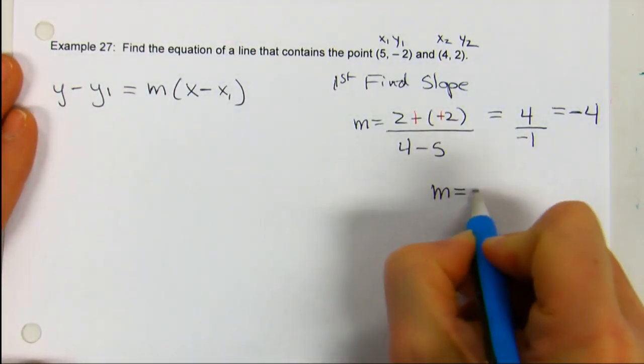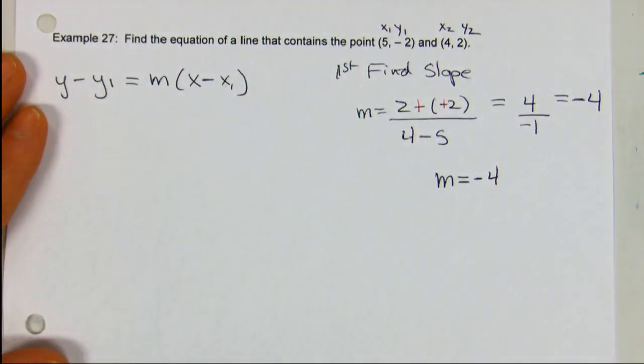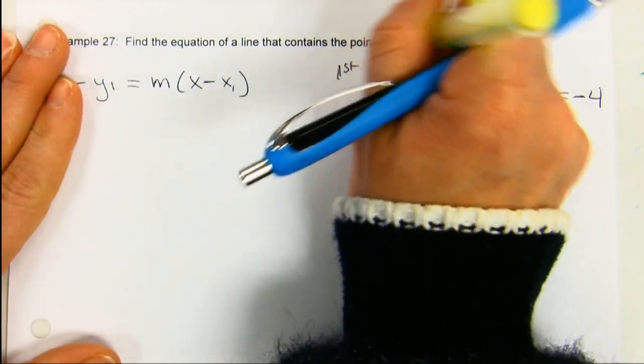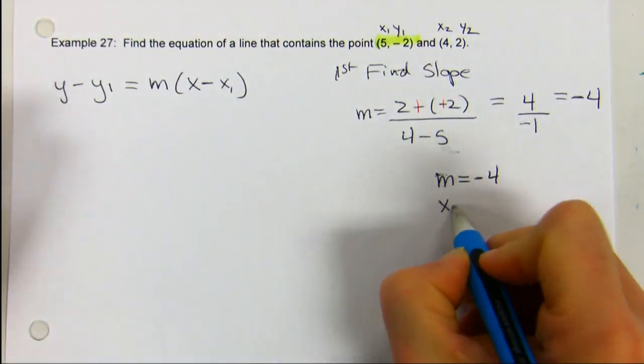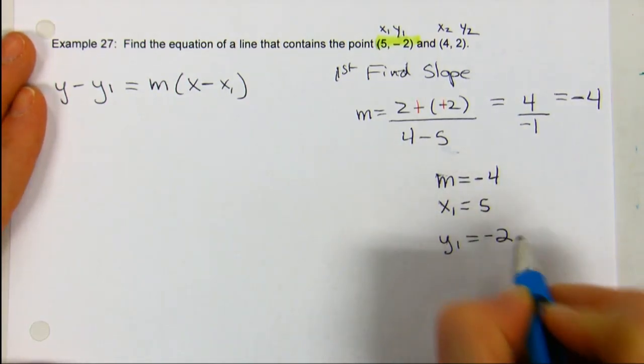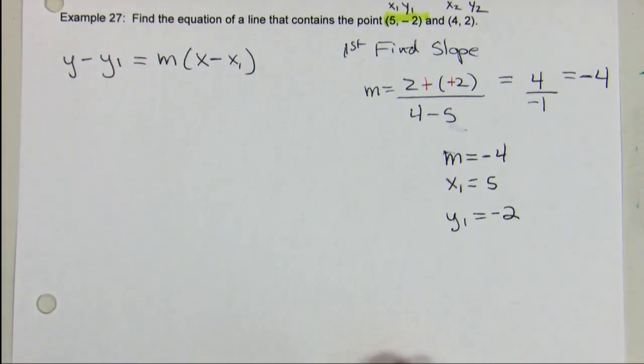So our slope is -4. But then you might be thinking, oh, which ordered pair do I use? I have 2 of them. It doesn't matter. I generally just use the first one. So I'm going to say for my given x, I'm going to use 5, and for my given y, I'm going to use -2. You can try it with 4 and 2 and you'll get the same answer.